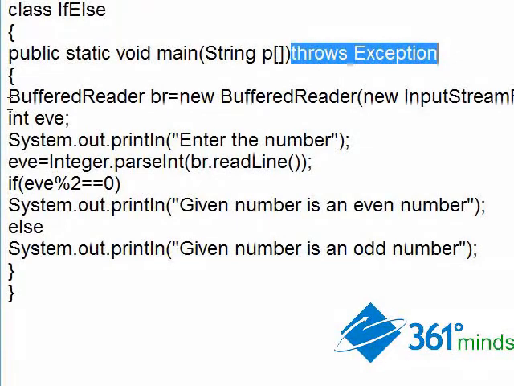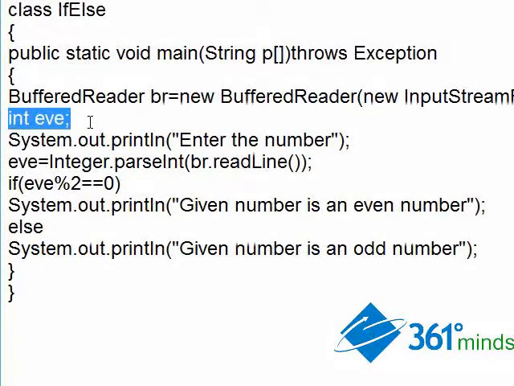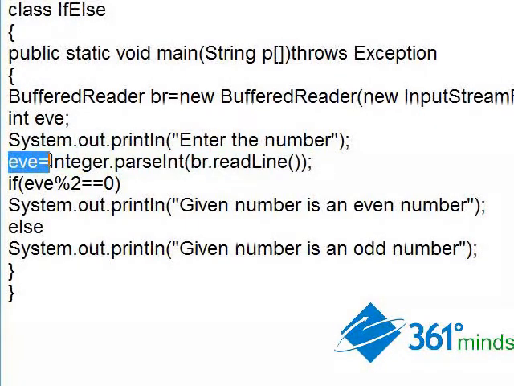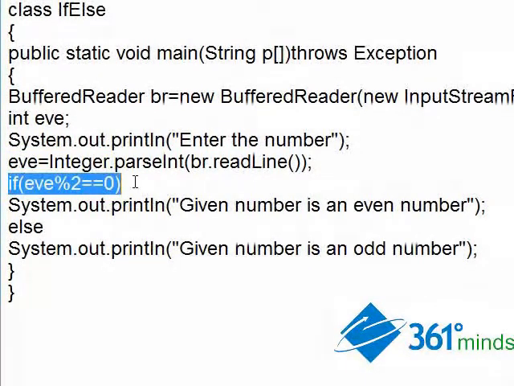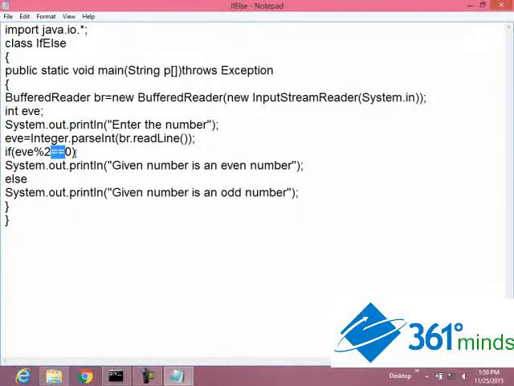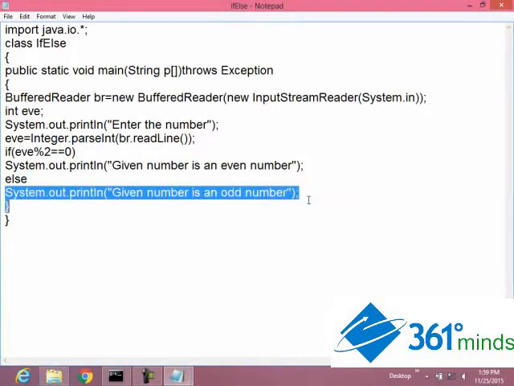And I am getting an integer called Eve, and it's an integer that I've passed onto this particular variable called Eve. I've given a condition, that is, if Eve modulus 2 is equal to, remember for relational I've used 2 equal to marks, so if Eve modulus 2 is equal to 0, then I print it as an even number, else I print it as an odd number.